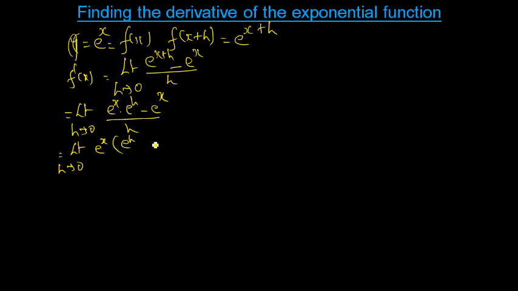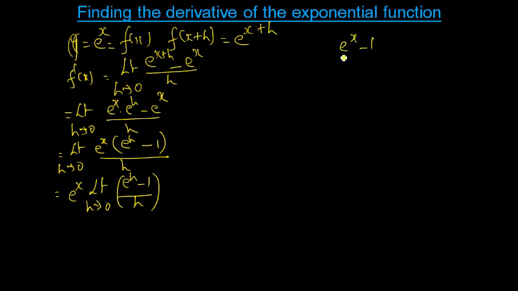Then the first term remains with e power h and the second has 1 in it, and this is the simplification of this to this. Again, I cannot substitute h is equal to 0 here because it gives 1 minus 1 over 0, which is 0 over 0 form, so it is not possible. I can take the e power x out anyway and see what happens to this limit, e power h minus 1 over h. This function is of the form e power x minus 1 over x.